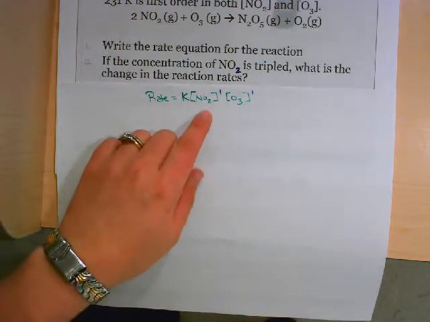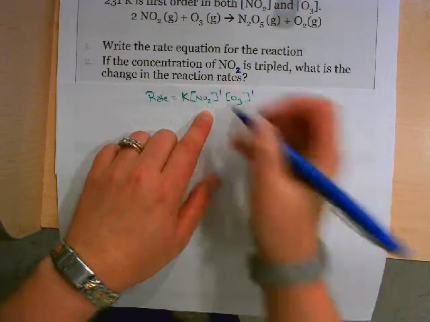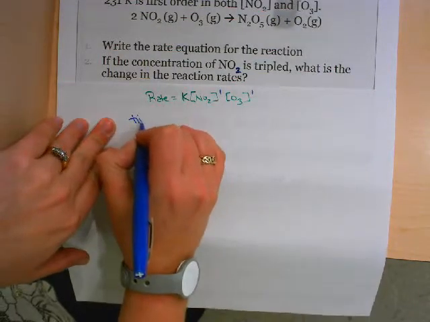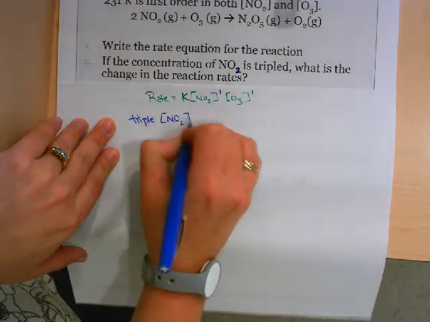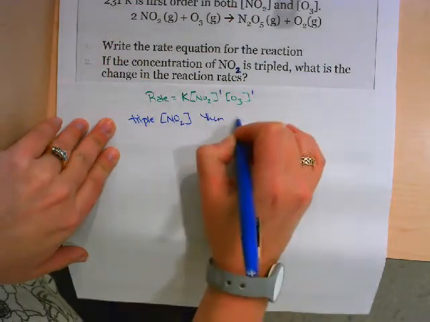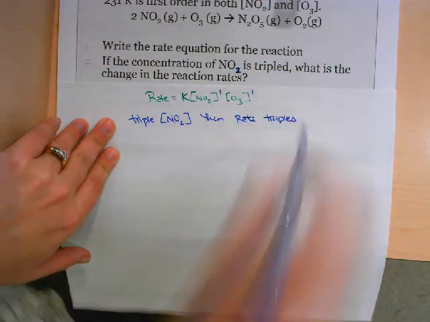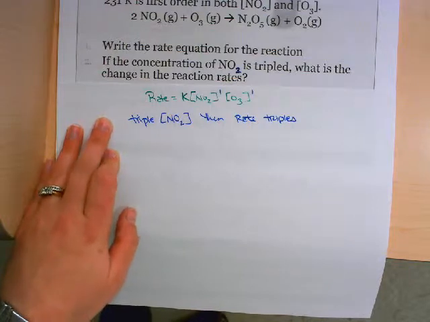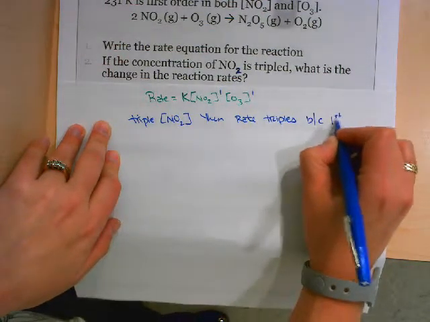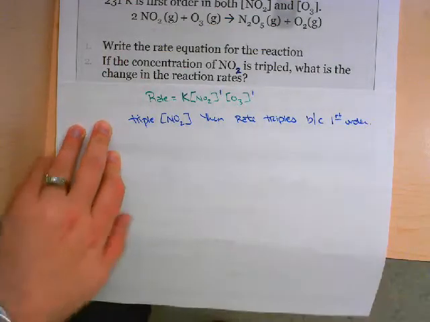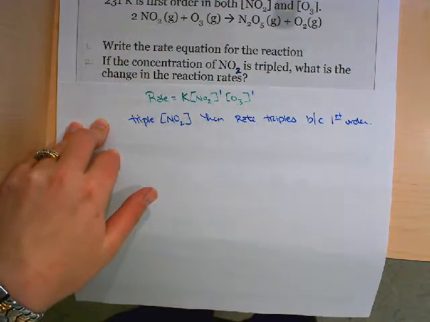So if I triple this, assuming nothing else has changed, the rate triples, because I said first order. They're directly proportional.